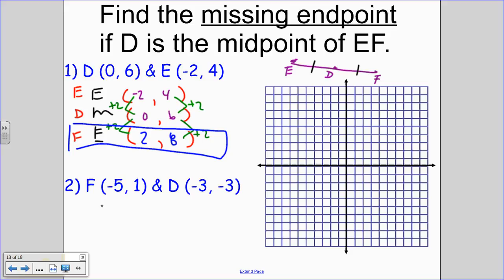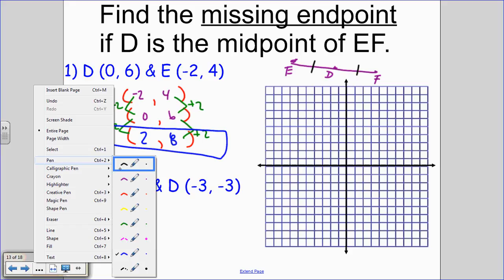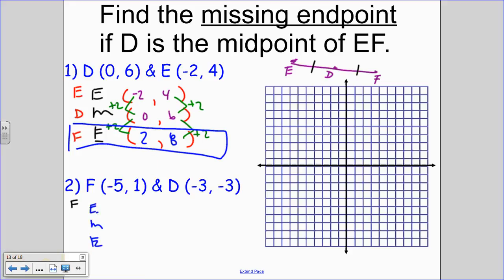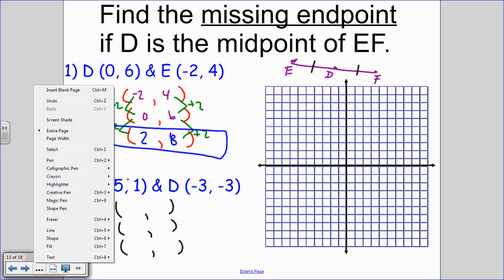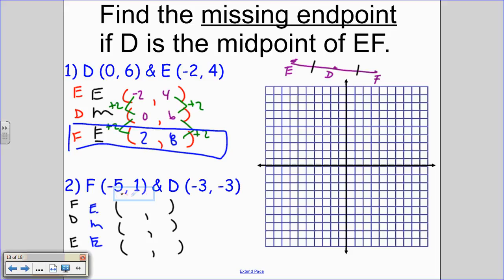All right. On number 2, they give us F and they give us D. But it's still, we're going to use E and E. We got F, we got D. We're looking for E. F is -5, 1.